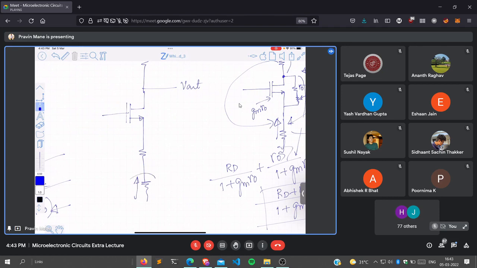If I open the ground and apply a test voltage source here, then it will be RS plus, what will be the resistance here? If I transform this and this here, it will be RD plus RO divided by 1 plus GMRO. But if somebody asks you what is the resistance between this point and ground, what will it be? Can you tell me now? What is the impedance?